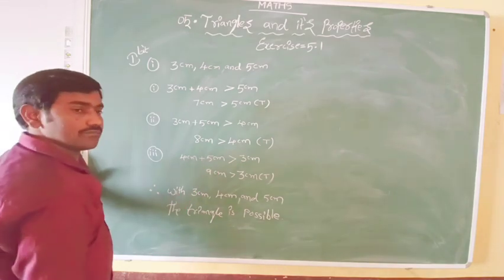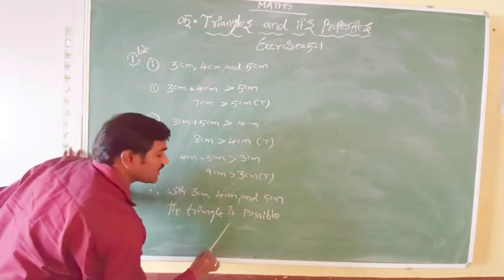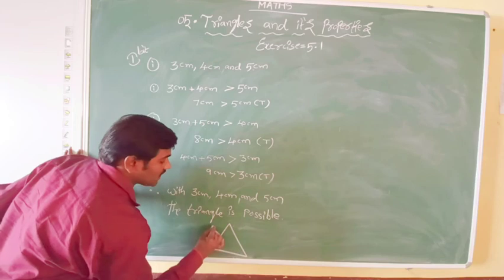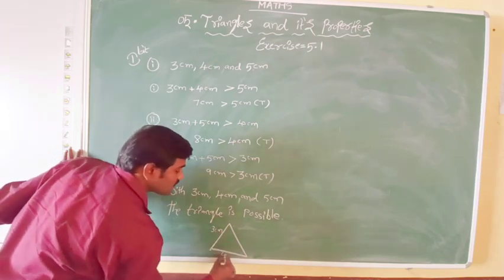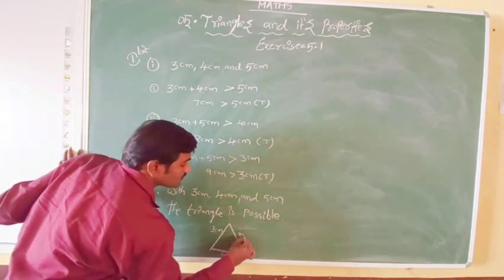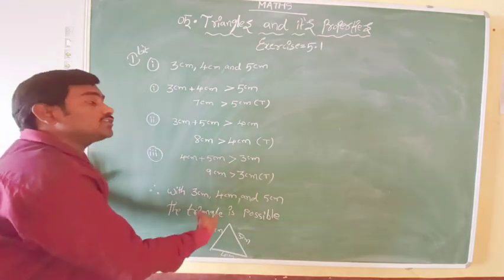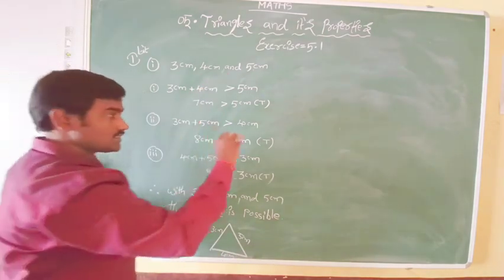We can construct a triangle here. It is a scalene triangle, with sides 3 centimeter, 4 centimeter and 5 centimeter. So a triangle is possible with the given measurements.